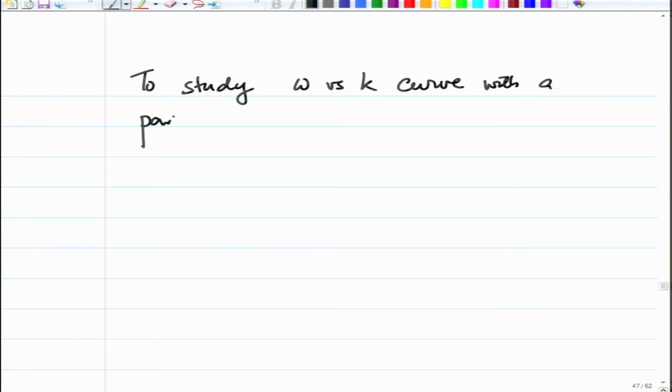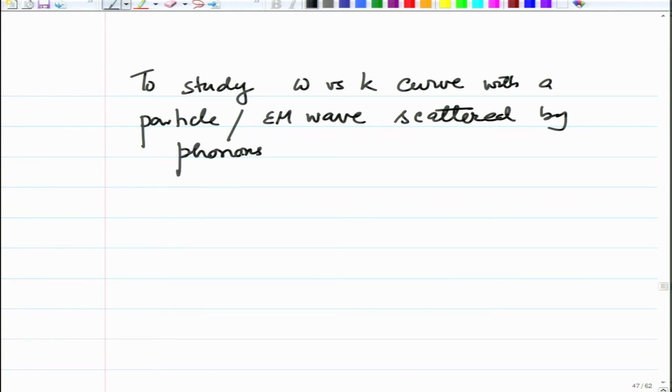So, to study the omega versus K curve with a particle or EM wave scattered by phonons. You see, I am already using this language. These vibrations I am now going to call phonons. So, these phonons are scattering this wave.